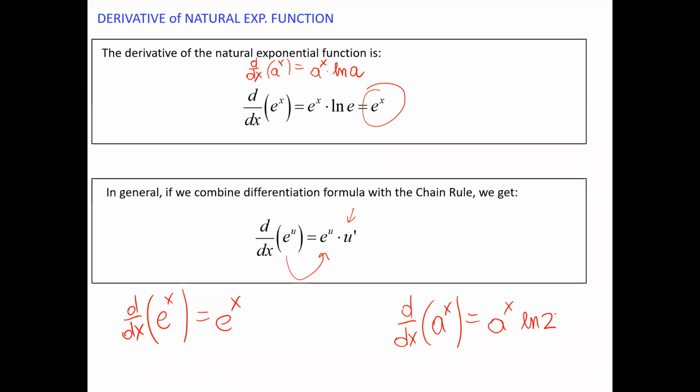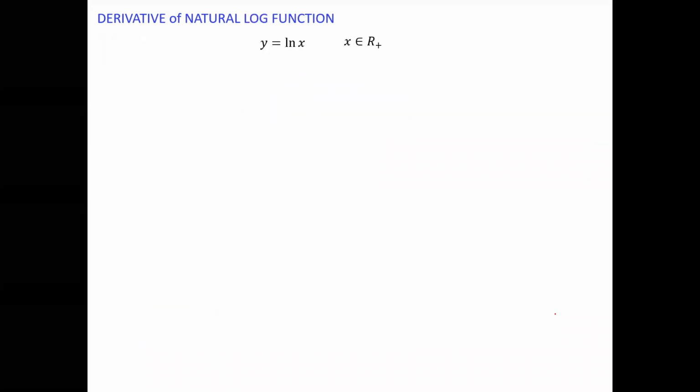Okay, now I believe I do have the logarithmic function. Let's start with the natural one, ln of x. Of course, the domain is just the positive real numbers. And we're looking for the derivative y prime or dy dx. Of course, we don't know the formula.